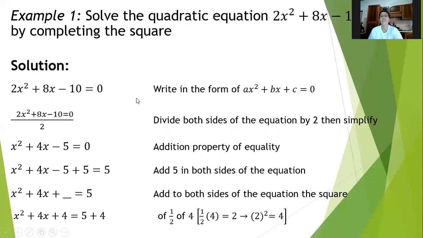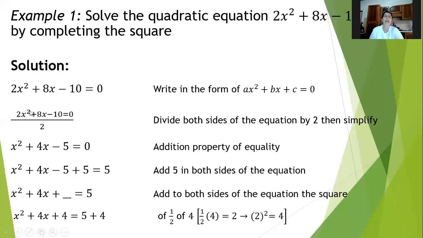The first thing we do is write the given equation in the form ax squared plus bx plus c is equal to 0. See to it that the numerical coefficient of the quadratic term is equal to 1. Here, the numerical coefficient of the quadratic term is 2. We have to divide the whole equation by 2.